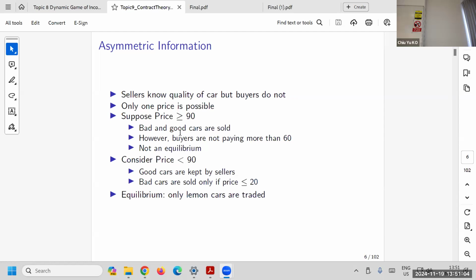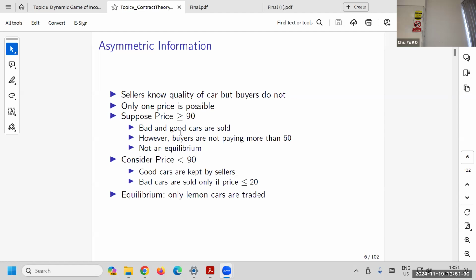That is what we usually call "bad money drives out good money", 劣币驱逐良币, right? That's more or less what comes from this, because the existence of bad things actually drives out good things. So only lemon cars are traded, and the good cars are not traded.